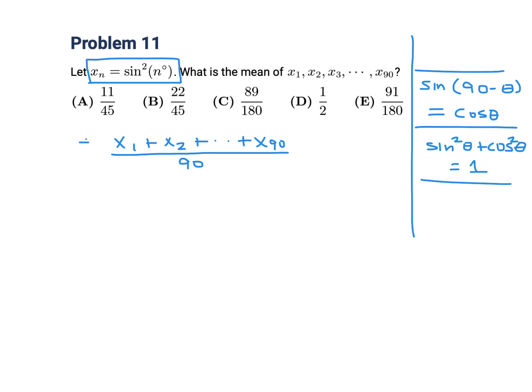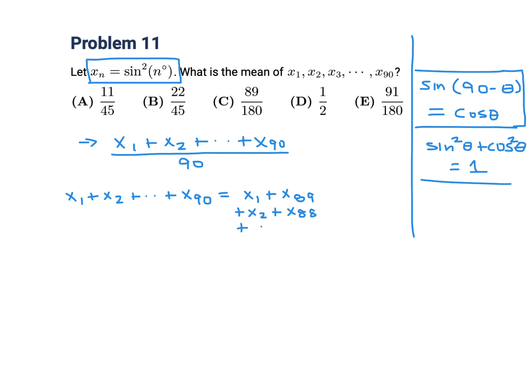So let's just concentrate on the numerator, and once we have the numerator, we can just divide it by 90. So the numerator is x1 plus x2 all the way till x90, correct? Now if we group them, I think that's where this first trig identity will be utilized. By grouping them, I mean in pairs. So x1 plus x89, plus x2 plus x88, and so on.